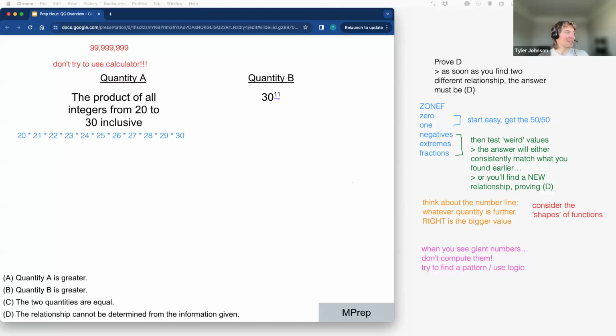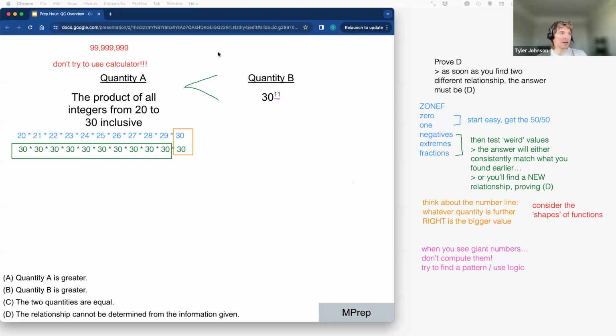Well, it's because we're just comparing 11 different numbers. 30 to the 11th power. It's this long chain of 30s all multiplied together. And what you'll notice is aside from these last two being equal, quantity B is bigger for every other value being multiplied here. So just by using that logic alone, I know quantity B is going to be the bigger value.